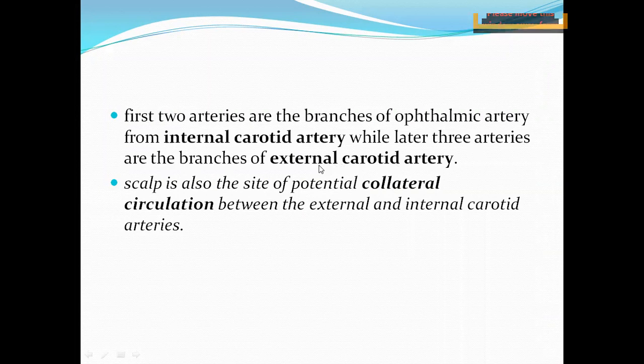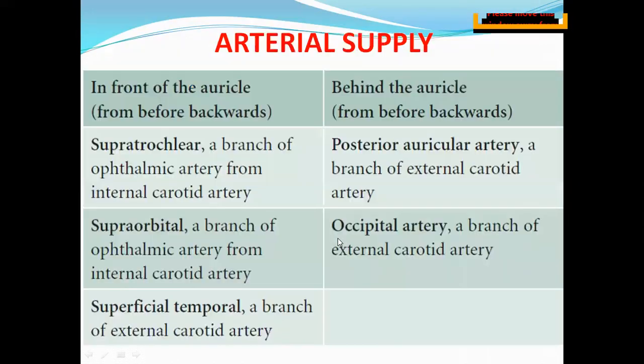Whereas all the remaining arteries are branches of external carotid artery. The place where external and internal carotid arteries are anastomosing, you call this area a potential site for collateral circulation between external and internal carotid arteries.